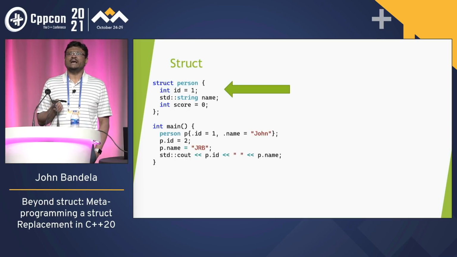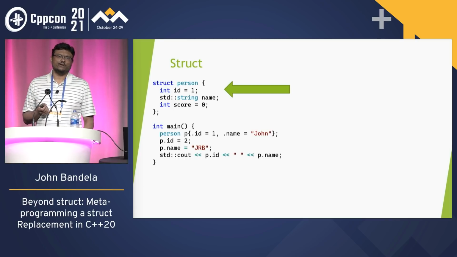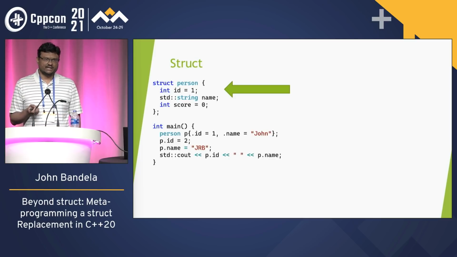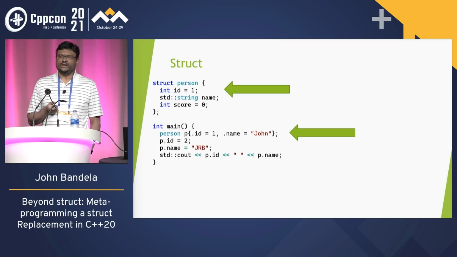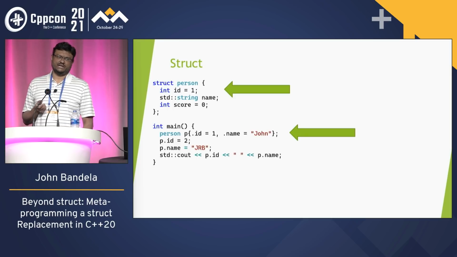One of the nice things in C++11 is we can specify a default value for a field. So we can say int id equals 1. That way when I default construct it, it'll have some defined value instead of some undefined value that I don't know. One of the nice things we can do in C++20 is designated initializers.